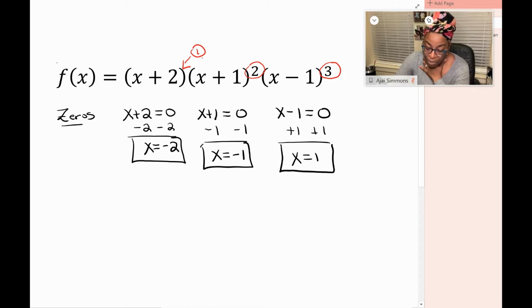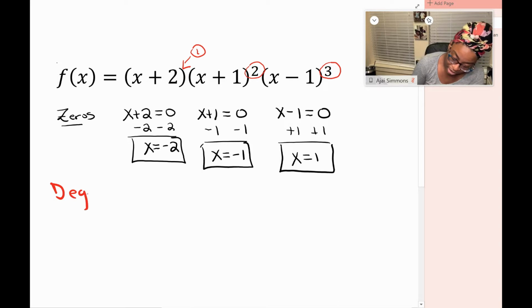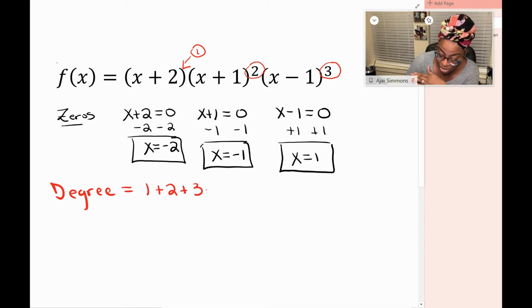If you add up all of these powers, 1 plus 2 plus 3, what you get is the degree of the polynomial. The degree is going to be adding up all your exponents. So 1 plus 2 plus 3 gives you 6. So the degree of this polynomial is going to be 6.